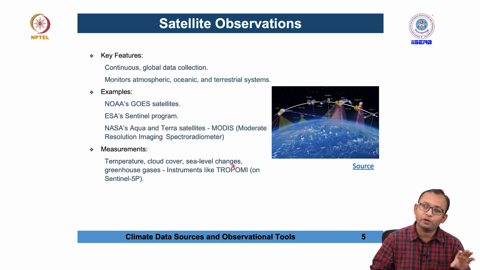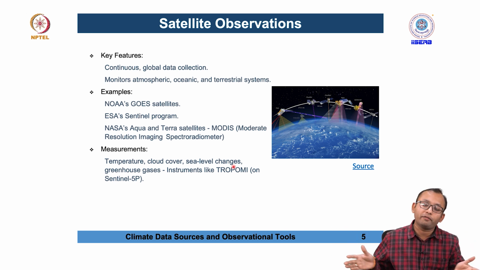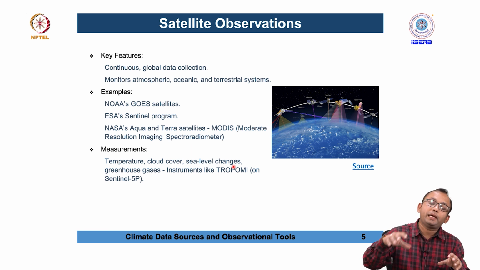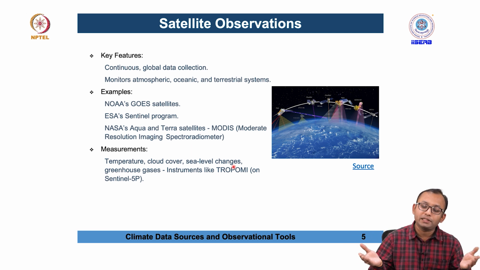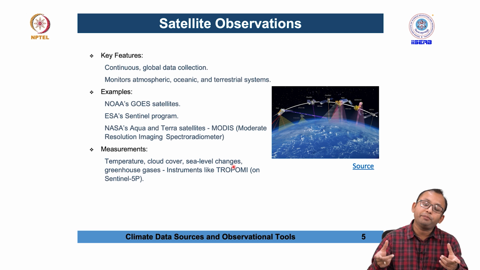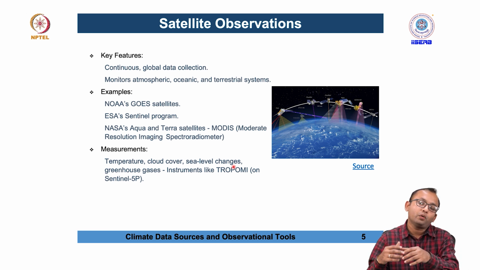Sometimes when you are installing an oceanic instrument at some location, it might record the data for one particular location only. However, when we have satellite observation for the whole broader coverage of that oceanic body, we can tell about the spatial distribution of sea level change or changes in any type of oceanic behavior.